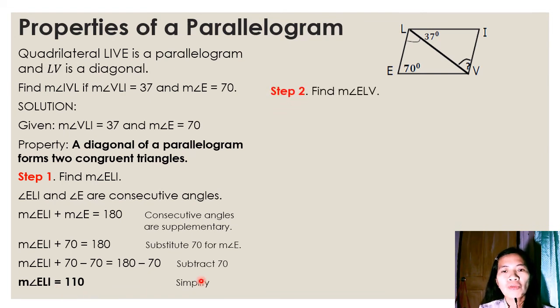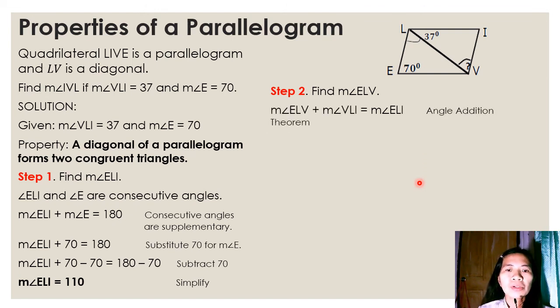Now find measure of angle ELV. Measure of angle ELV and measure of angle VLI add up to measure of angle ELI.